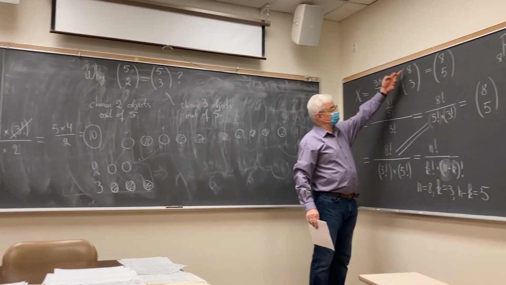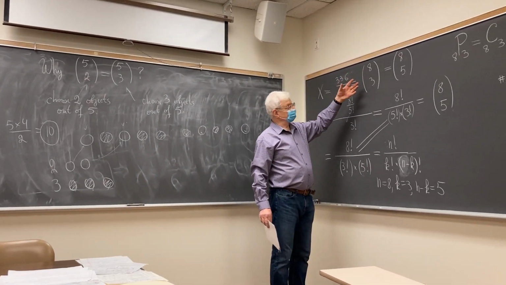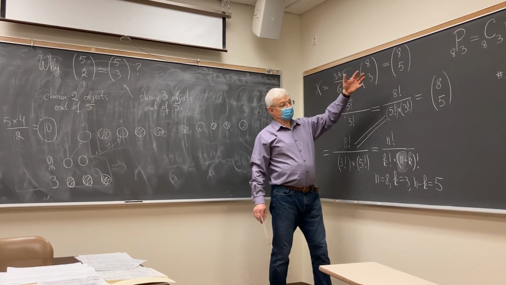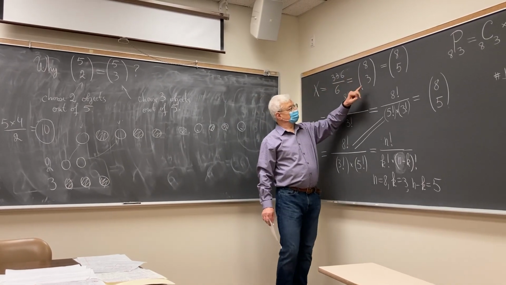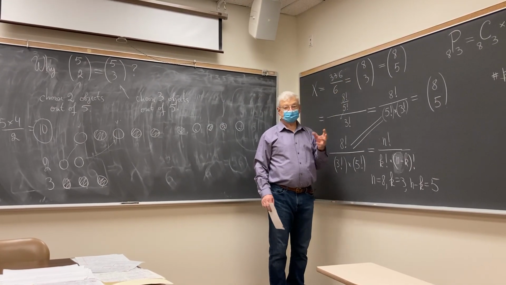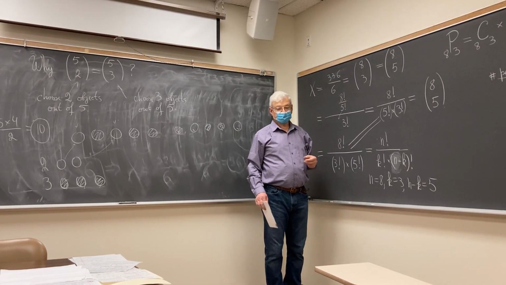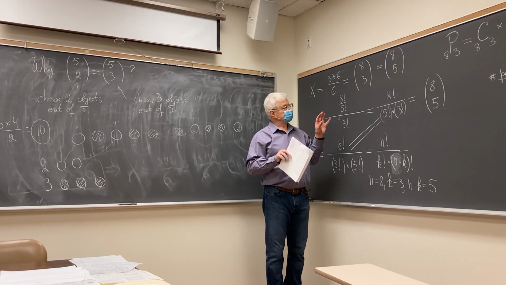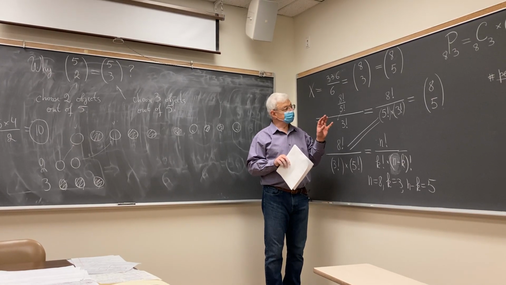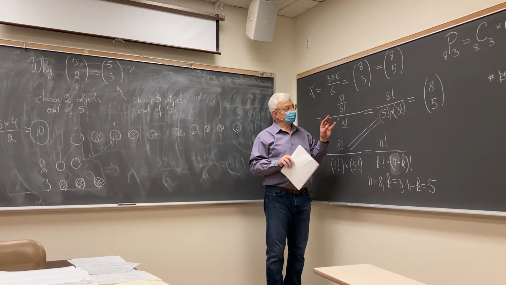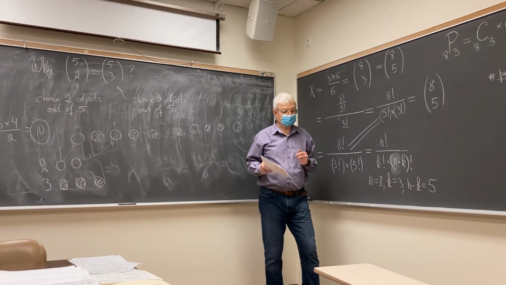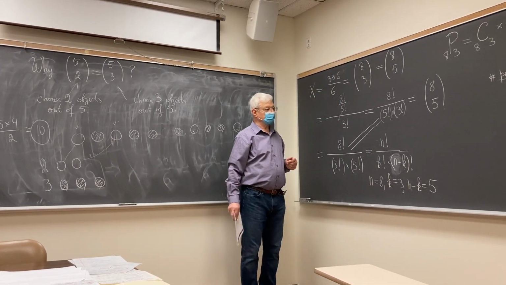So you have 8 marbles. 3 of them are white and 5 are black. Suppose I pick, so 8 choose 3 means the number of ways to choose 3 white marbles. If I choose 3 white marbles, then what should I do with the black marbles? Just put them in the remaining places.